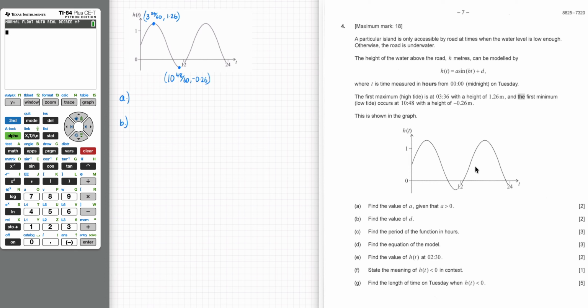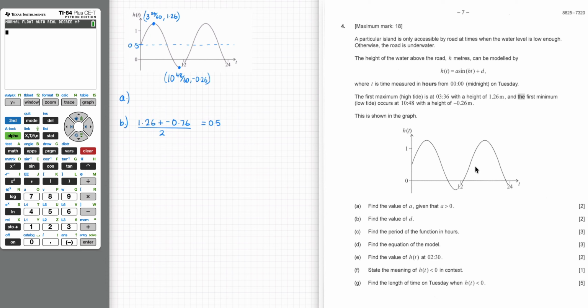So the principal axis is just finding the middle of 1.26 and negative 0.26. So the middle of those is just by finding the average or the mean. So I'm going to add them together and divide by how many I've got, which is 2. And if I type that in, I find I've got a principal axis of 0.5. So I'm now going to draw that onto my graph as 0.5.